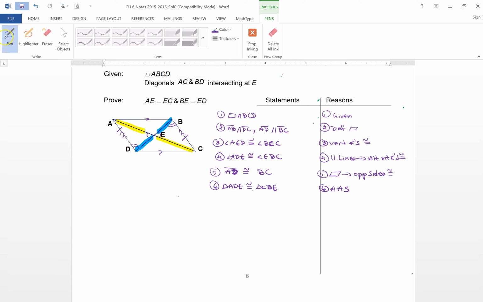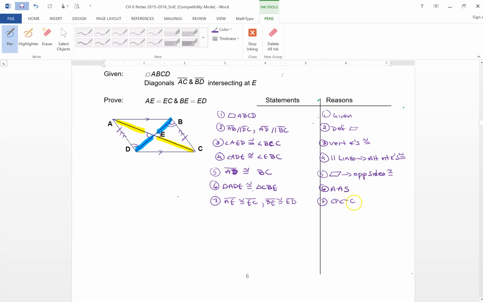So AE is congruent to EC, DE to EB, or BE to ED, CPCTC.